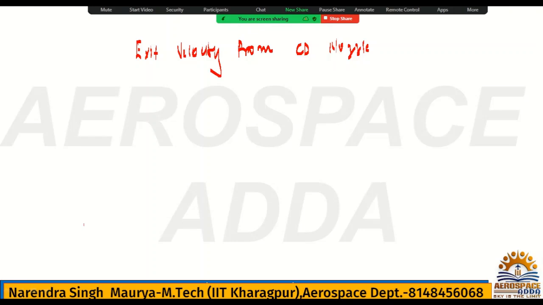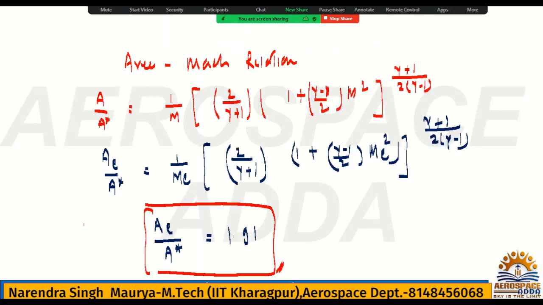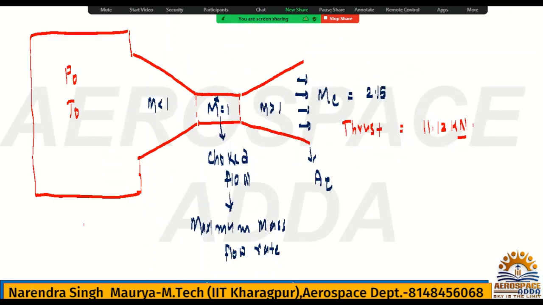That is one way to calculate the exit area. Otherwise, think about it: the throat is choked, so mass flow rate will be maximum. That is also correct.